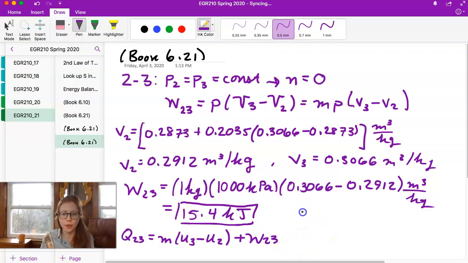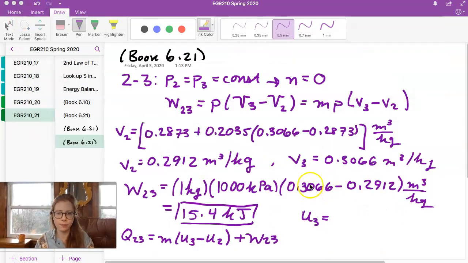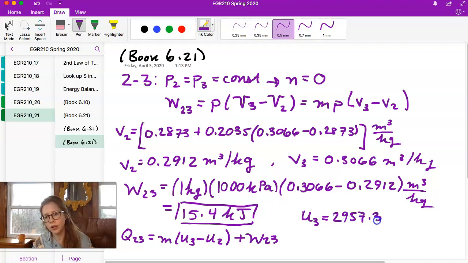And so U3, we can just look up in the table, and so let's practice looking it up. So for, once again, 400 degrees C, 1 megapascal, U3 is 2,957.3 kilojoules per kilogram.